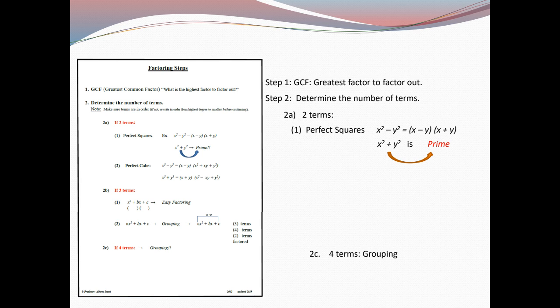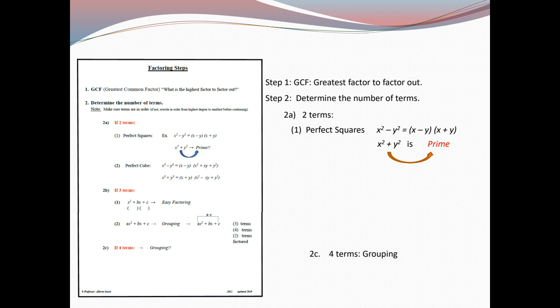Let's say that I have x squared minus y squared. The factorization of that is going to be x minus y times x plus y. Another word for this type of factorization is the difference of squares. Whenever you have perfect squares that are being subtracted, we apply what's called a difference of squares, and that just becomes x minus y times x plus y.